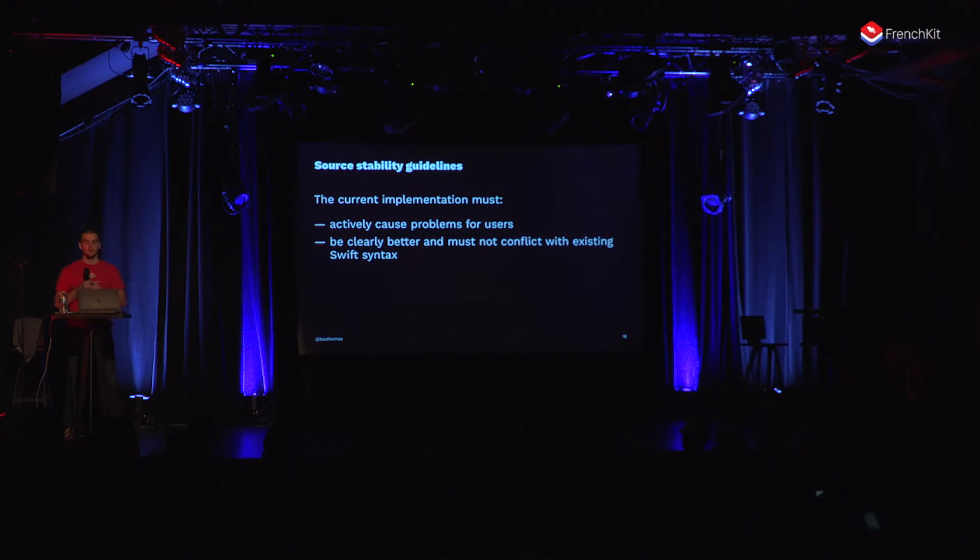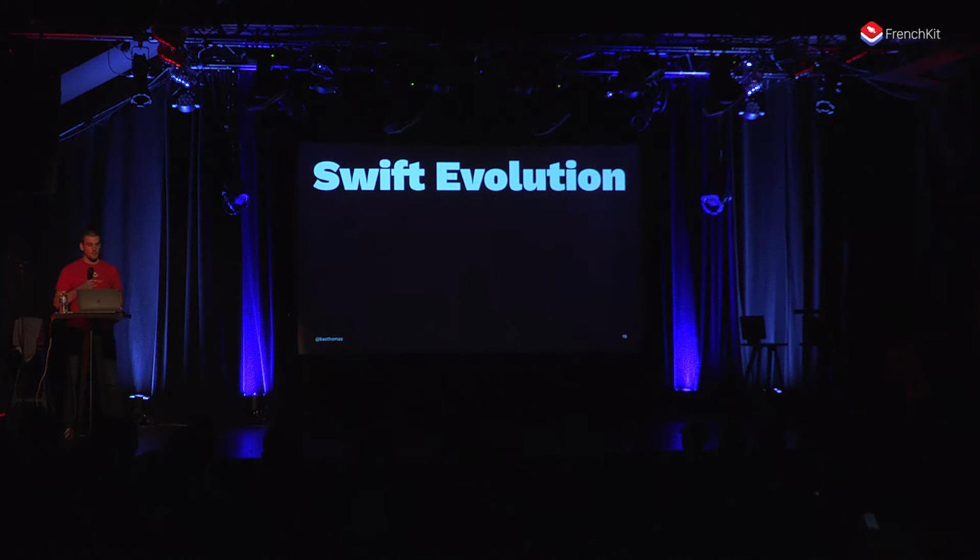It needs to be clearly better and must not conflict with existing Swift syntax, and I'm not really sure what clearly better means, but we'll see that on the mailing lists. And it has to have a reasonably automated migration enabled for that change in the language. The migration system is now open source, so we can probably expect to see that.